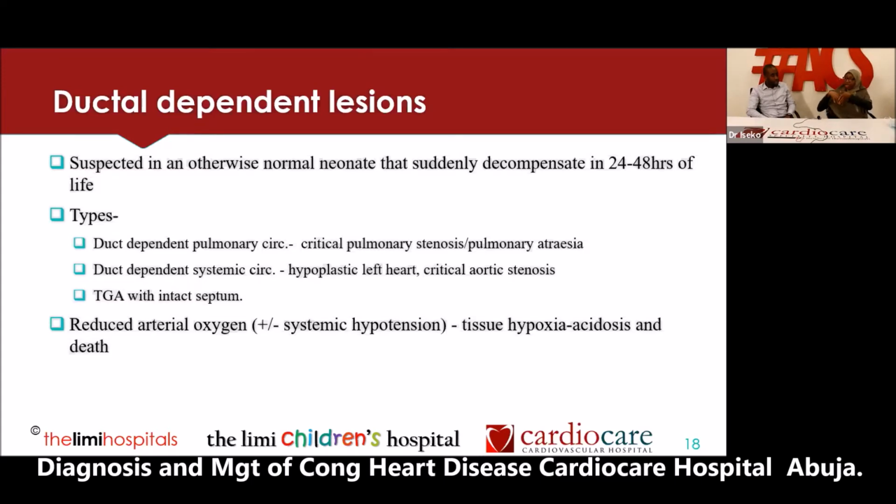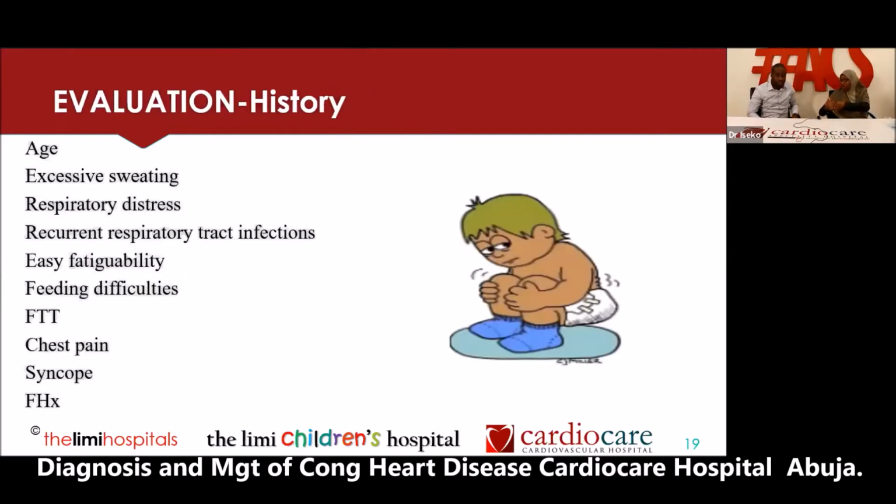But because the left ventricle is hypoplastic, most of this blood goes back to the right atrium. So it just keeps circulating, and you have little or no blood getting via the left ventricle to the systemic circulation. So you need a duct so that blood is pushed from the pulmonary artery into the aorta to supply the systemic circulation. So patients with these, in addition to the cyanosis, are also likely to come down with features of reduced cardiac output.